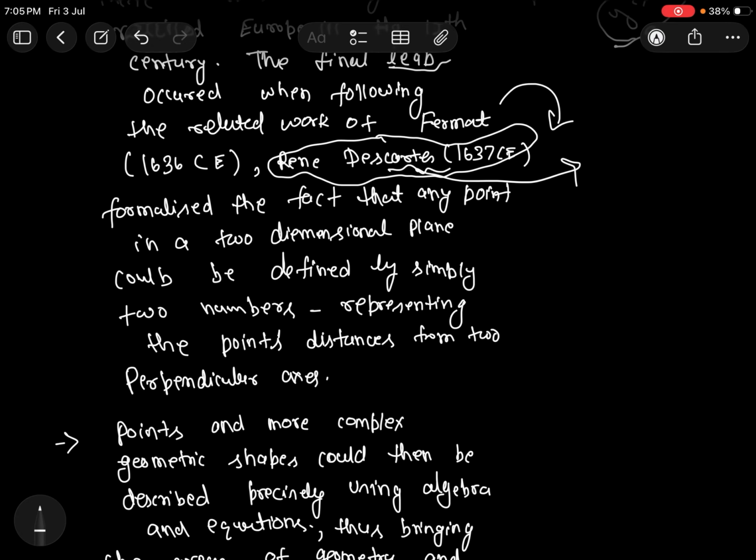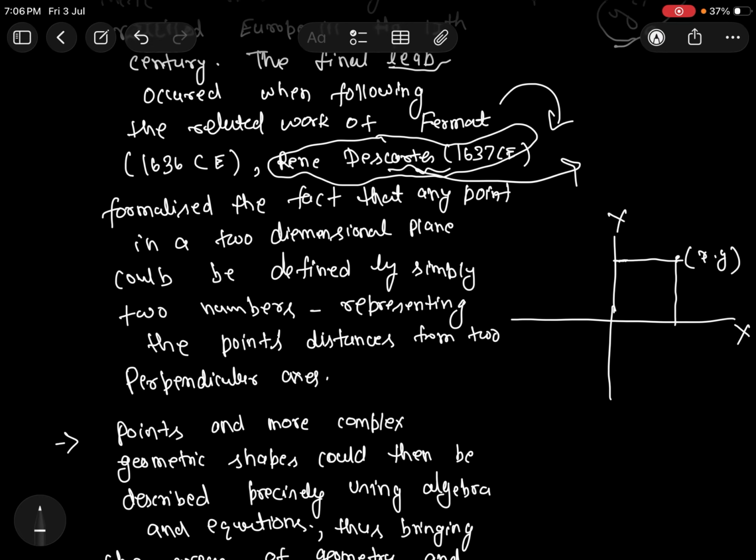he formalized the fact that in the 2D Cartesian plane, we can locate any particular point very precisely just by measuring its distance from the y-axis and x-axis. That's why this system is known as the Cartesian coordinate system.